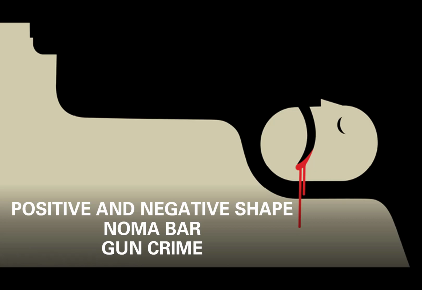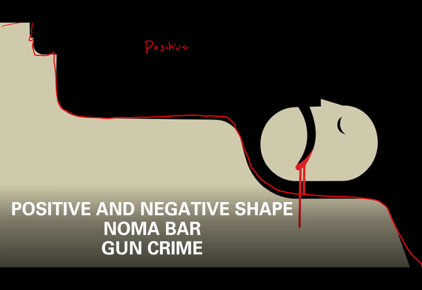This is by Noma Bar, titled Gun Crime. This one's in your book. This one is great for showing that oftentimes positive and negative shapes, and art in general, have hidden, not fully hidden, but disguised pictures or images, right? So you have the shape of the gun here, and this is the positive.